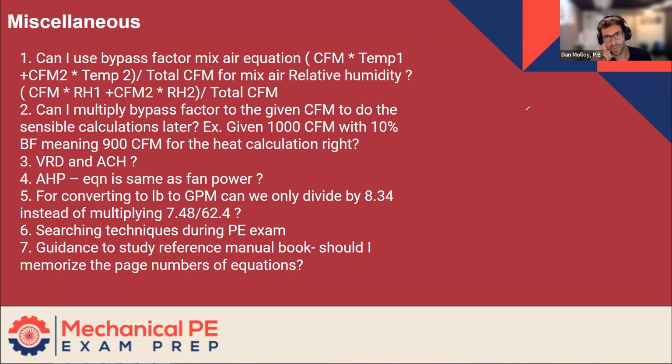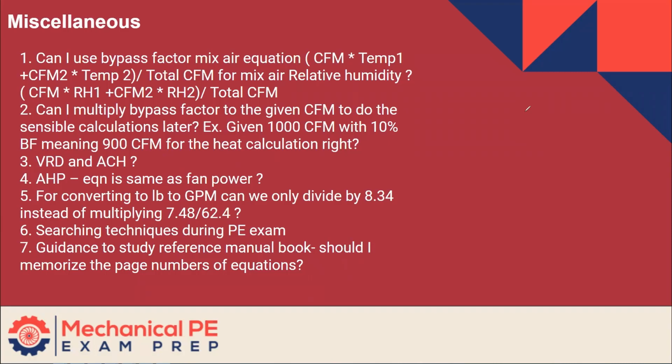All right, number 2: can I multiply the bypass factor by the given CFM to do the sensible calculations later? I'm not sure. Can you give some more context on this one? If I have a 10% bypass, a bypass factor of 0.1, in some of the questions I multiplied by that bypass factor with the total outside air.